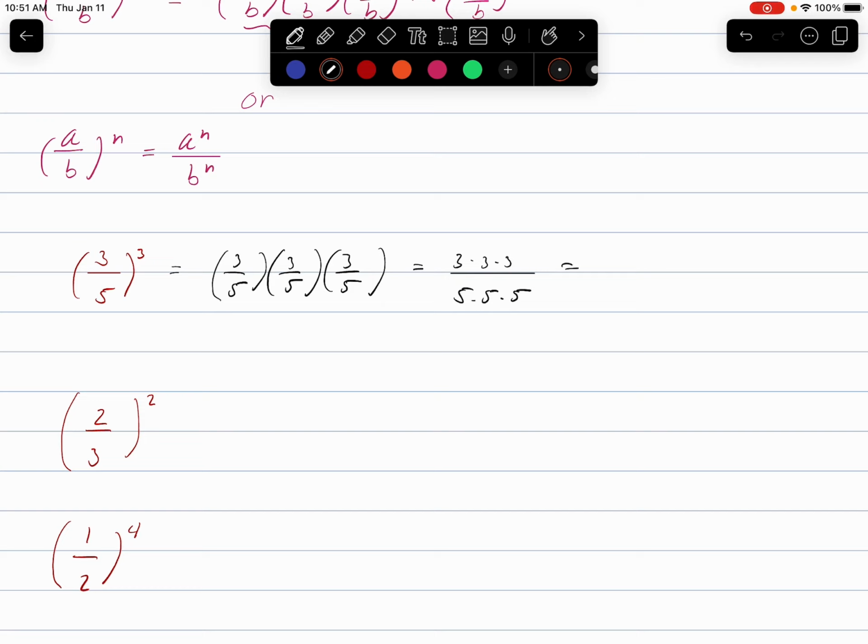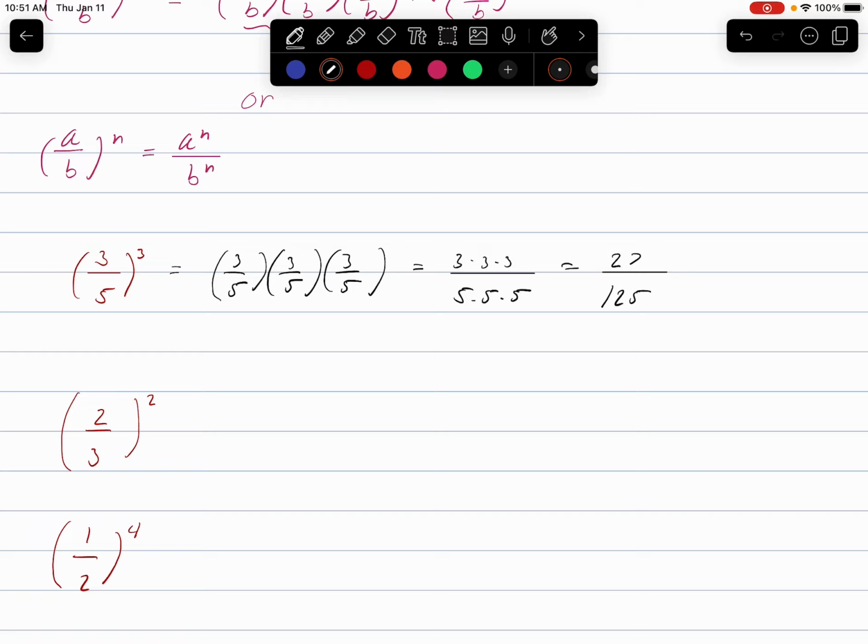On the top here, 3 times 3 is 9, and then times 3 again gives us 27. So 3 to the third is 27. And then we have 5 times 5 is 25, times 5 again is 125. So that's one way of approaching this.